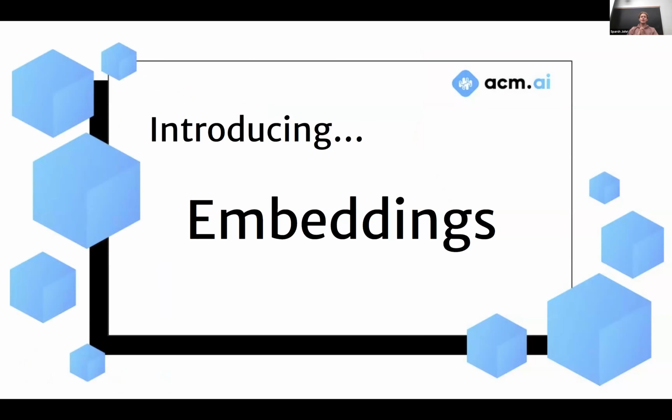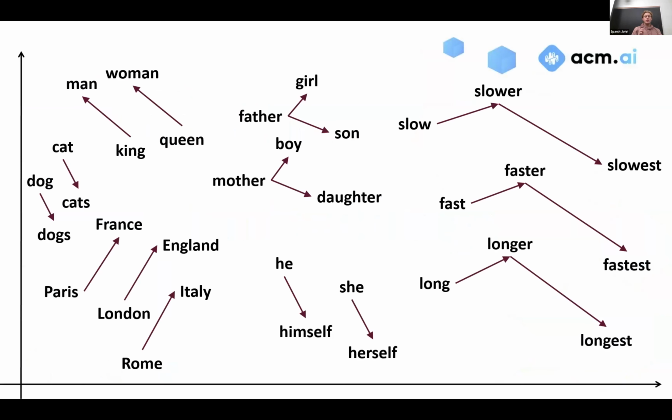So let's talk about a way we can solve this problem. Introducing embeddings. Embeddings are a way of capturing relationships between words. So for example, we can take father, and they can have a child, and it could be a boy or girl, son or daughter.